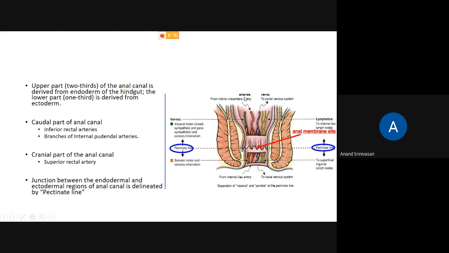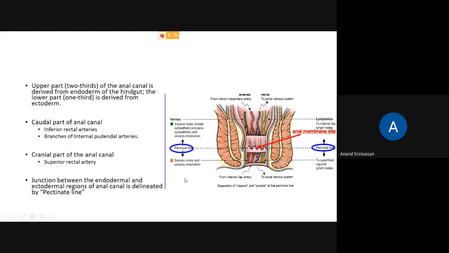The superior rectal artery develops from the inferior mesenteric artery, whereas the inferior rectal artery comes from the internal iliac branch. The pectinate line indicates the part where the ectoderm meets the endoderm. This is the place where the transition occurs between the ectoderm and endoderm.